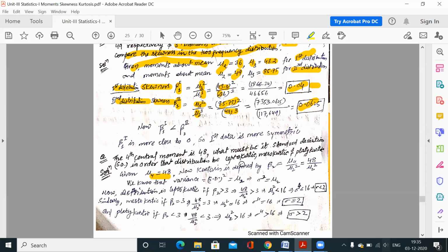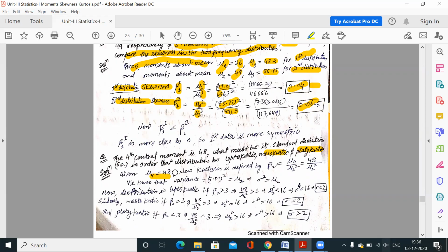If we want the data distribution to be leptokurtic, what should its standard deviation be? If it is mesokurtic, what should the standard deviation be? And if it is platykurtic, what should the standard deviation be?